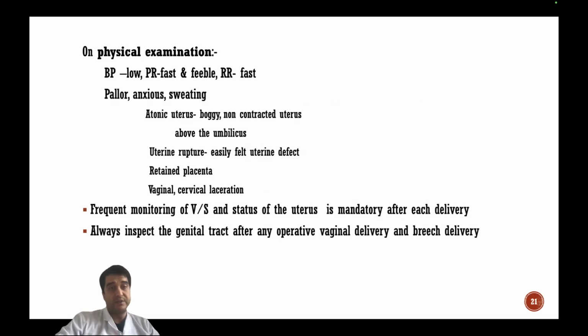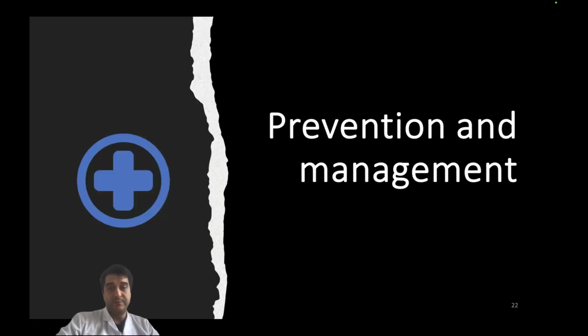On physical examination: blood pressure, pulse, respiratory rate, pallor, anxious sweating, atonic uterus, again a non-contracted uterus above the umbilicus. Uterine rupture, easily felt uterine defect. Retained placenta, vaginal or cervical lesion. Frequent monitoring of the status of the uterus is mandatory after each delivery. Always inspect the genital tract after any operative vaginal delivery and breech delivery.